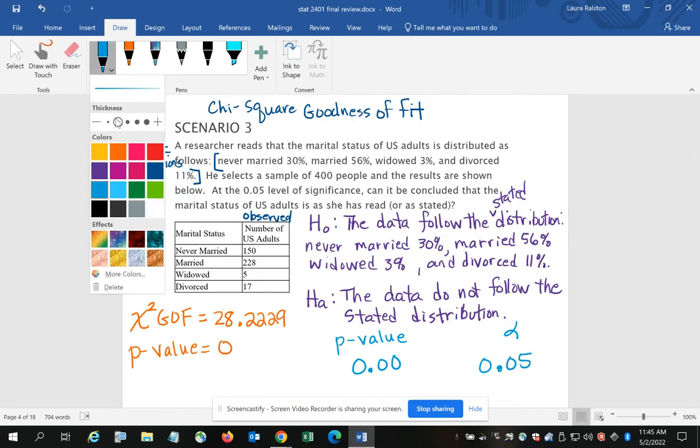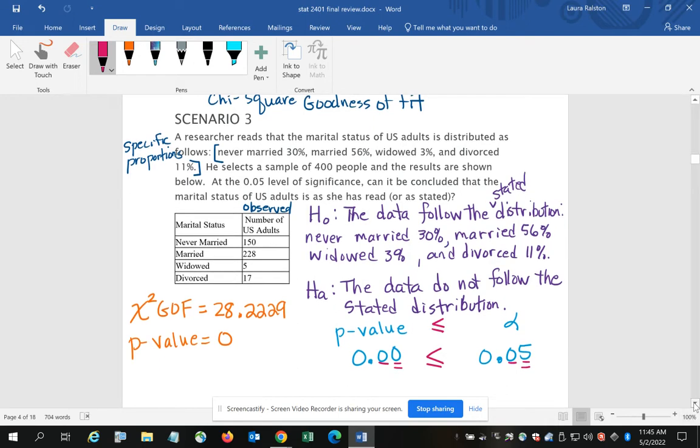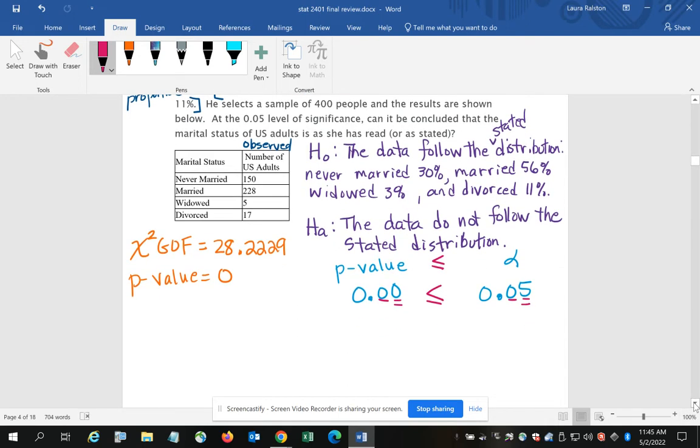Again, I'm going to do that digit for digit, 0 to 0, 0 to 5. 0 is less than 5, so P is less than or equal to alpha. When P is less than or equal to alpha, we reject the null. If we reject the null, that means the null is false, and then the alternative is true.